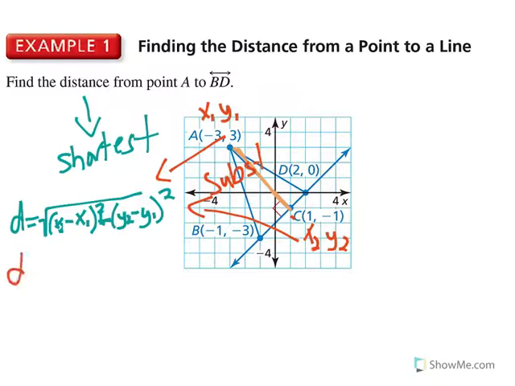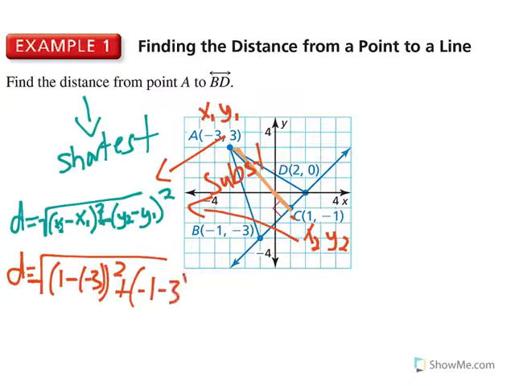So I'm going to end up having D is equal to the square root of my x2, which is 1, minus my x1 of negative 3 squared, y2, which is negative 1, minus my y1 of 3 squared, and then I'm just going to solve.